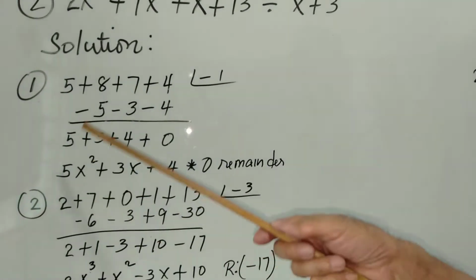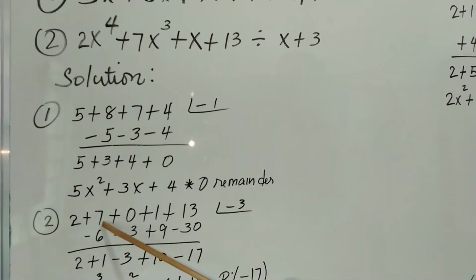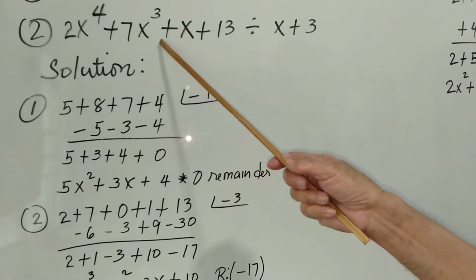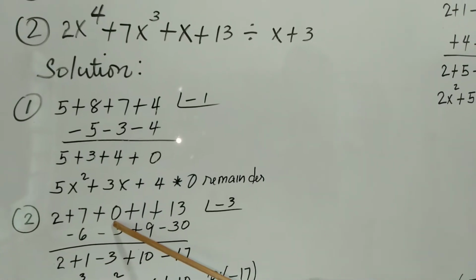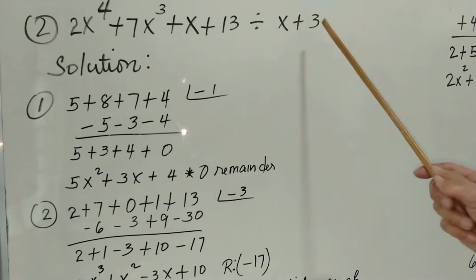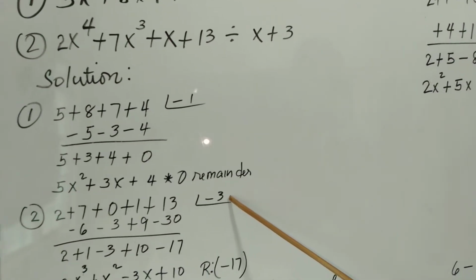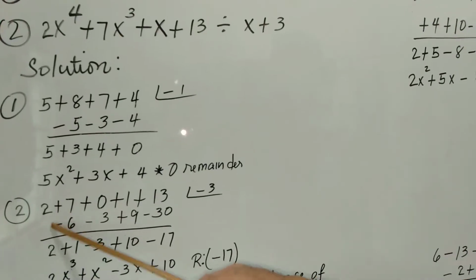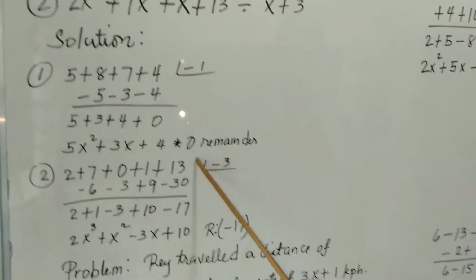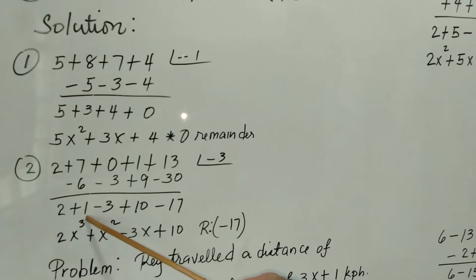So we have 2, 7 for x cubed, 0 for x squared, 1, and 13. Then we change again the sign of the divisor to negative 3. We bring down the leading coefficient 2, multiply it by negative 3 to get negative 6, and then add, we get 1.